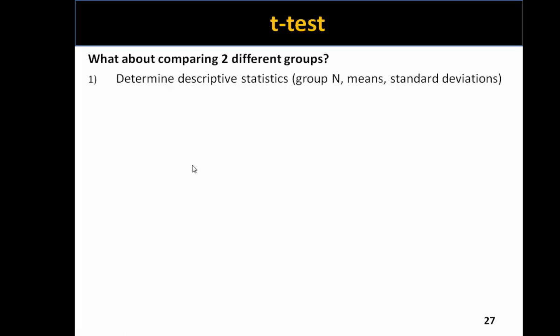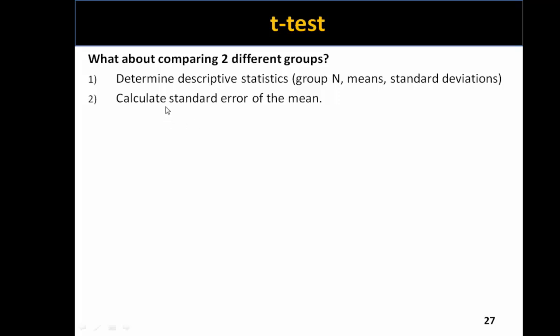So with that critical t-value in hand, we can now move on to performing our calculations with the t-test. Remembering that the very first step was always to calculate descriptive statistics, because the data, in terms of the means and the standard deviations separately for each group, as well as the sample size, will be needed.